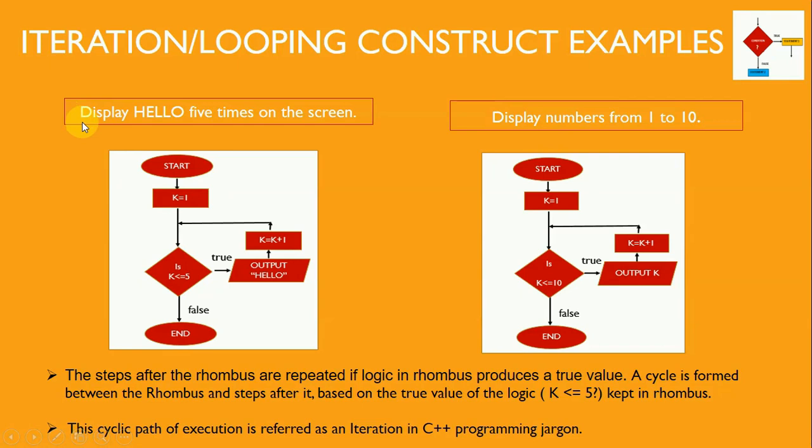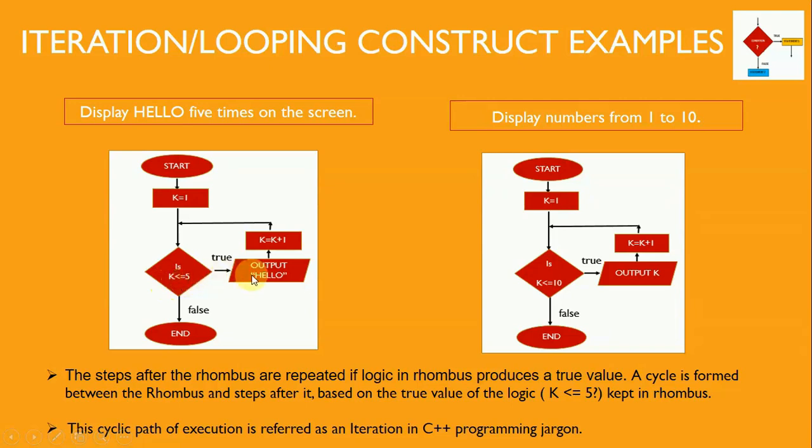Now the first question is: display hello 5 times on the screen. So we'll start with the start symbol, and then I will declare one variable k, and I will initialize it to value 1. Now I will check whether k is less than or equal to 5 or not, because I have to keep count till 5, as I have to display hello 5 times on the screen.